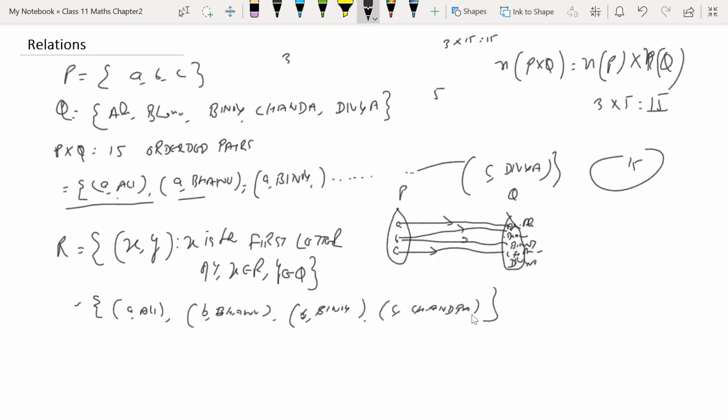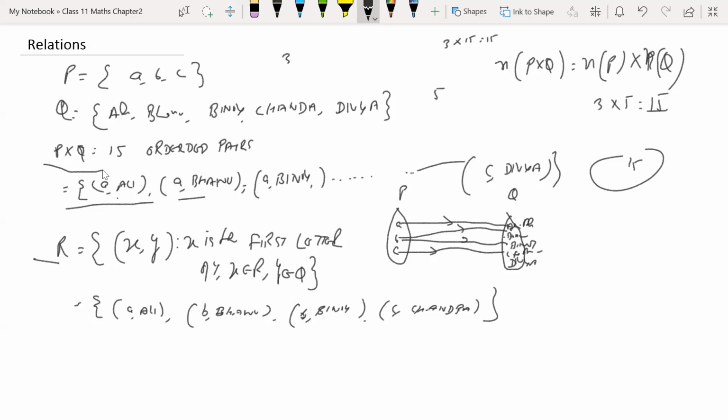We reach a conclusion that for a relation between two sets, set A and set B, these sets must be non-empty. Then their relation would be a subset of the Cartesian product of both sets P and Q, or A and B. I hope you understand it very well. The subset is derived from the ordered pairs of first element and second element.